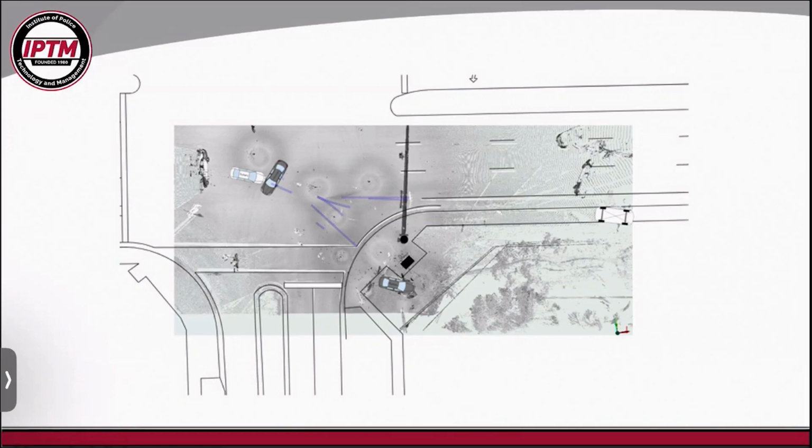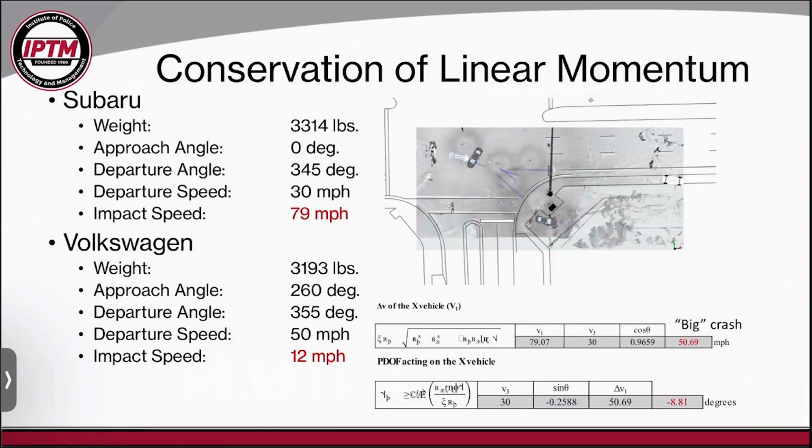So with this, we're going to be using this to identify our post-collision trajectories, and that'll give us our post-crash angles. When we completed our conservation of linear momentum analysis, and again, this is what we call the pen and paper math, right? This isn't us using systems or anything like that.